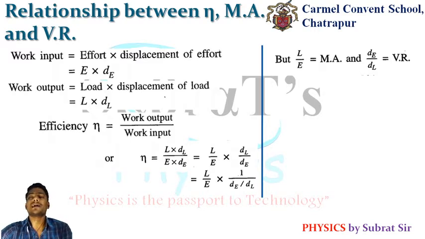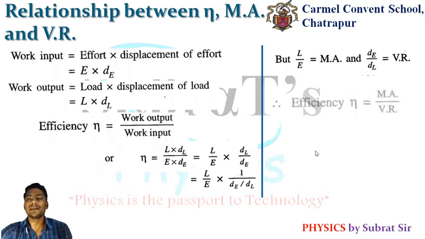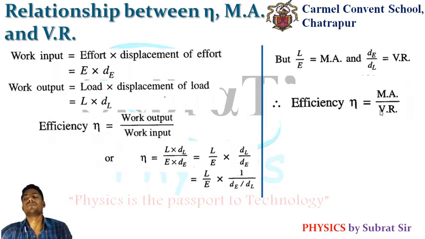So mechanical advantage is equal to load by effort, and we know that dE by dL is equal to what? Velocity ratio. So we can replace these values, and we will get efficiency eta is equal to MA by VR. So efficiency eta is equal to the ratio of mechanical advantage to the velocity ratio.